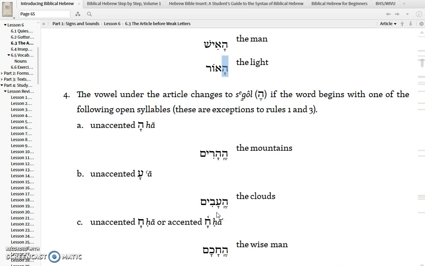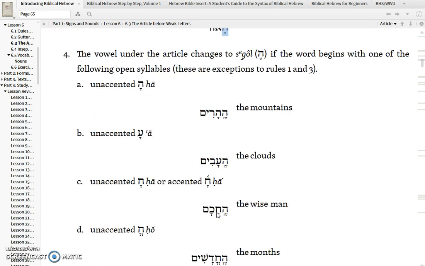The vowel under the article changes to a segol if the word begins with one of the following syllables, and there are exceptions to these rules. But if you have an unaccented hey with a kamatz under it, it will tend to have a segol in the article.